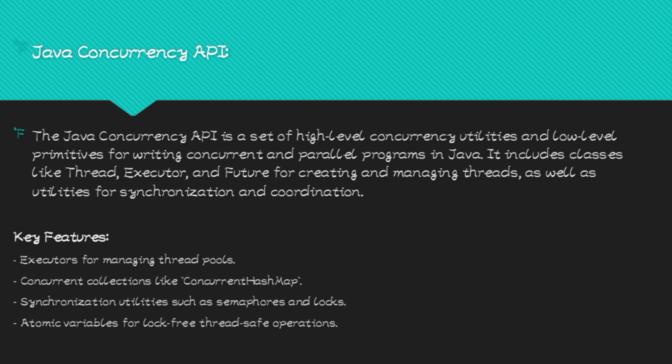The key features of the Java Concurrency API: we have the executor, used for managing thread pools; the concurrent collections, like ConcurrentHashMap, which you'll see in the code; the synchronization utilities, such as semaphores and locks; then the atomic variables for lock-free thread-safe operations.